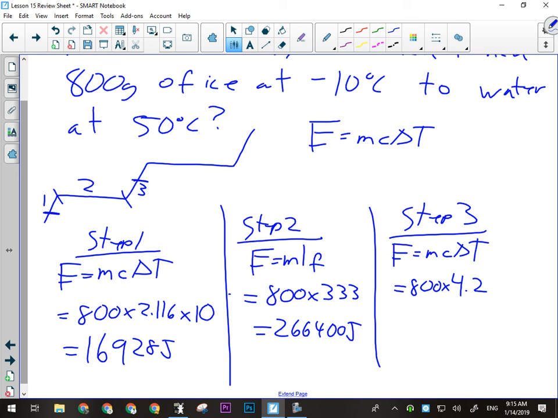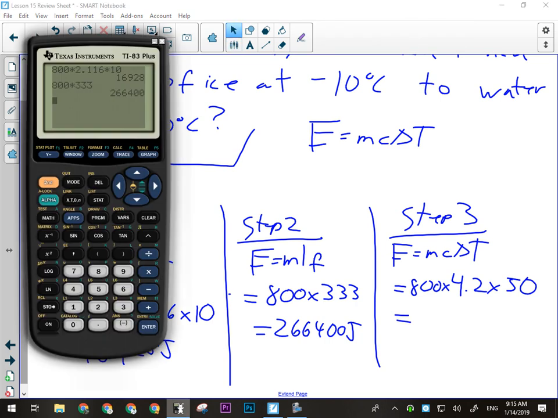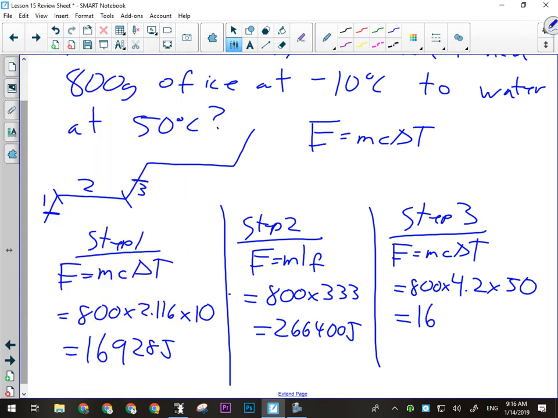I'm changing it from 0 to 50 degrees, so the temperature change is 50. So 800 times 4.2 times 50, so 168,000. I add all three of those numbers together, and I've got my final answer.